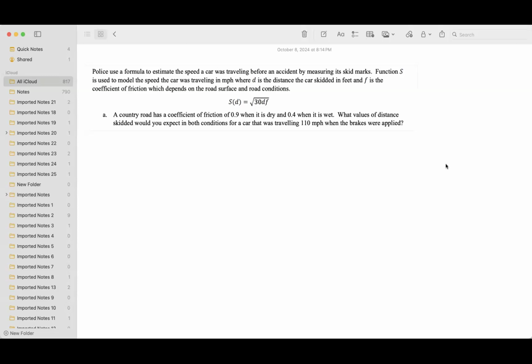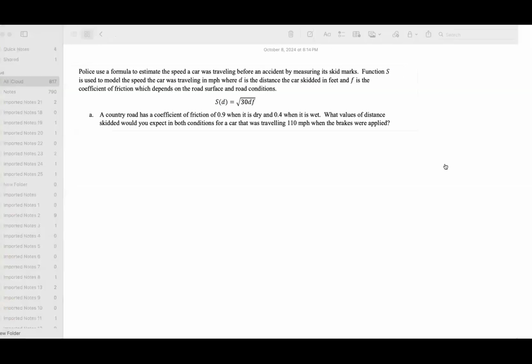A country road has a coefficient of friction of this when it is dry and 0.4 when it is wet. What values of distance skidded would you expect in both conditions for a car traveling at 110 miles per hour when the brakes were applied? It's not a hard one, right? Something like this is related to function articulation. You should be able to plug in values given a verbal description of a practical scenario.